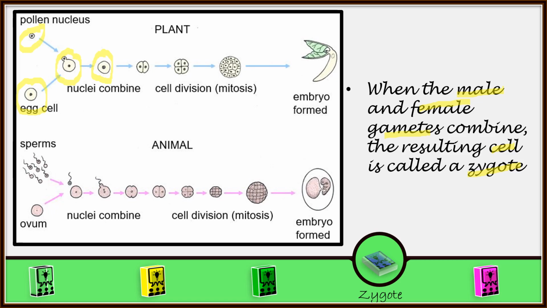The same applies in animals. When the sperm reaches the ovum, it is going to combine with the ovum, and when the two combine together, they form a product, and this product is what we are calling a zygote. So the combination of a male and a female gamete results in a full-fledged cell, which we call a zygote.